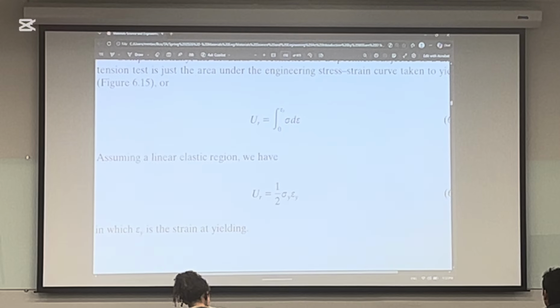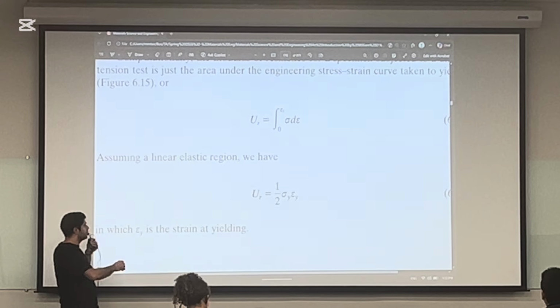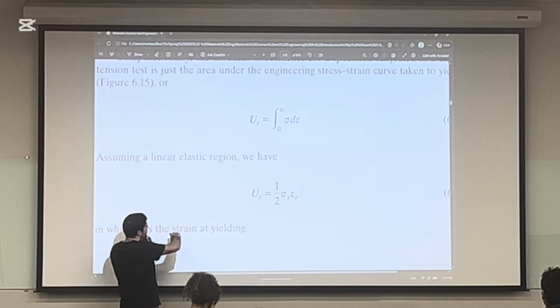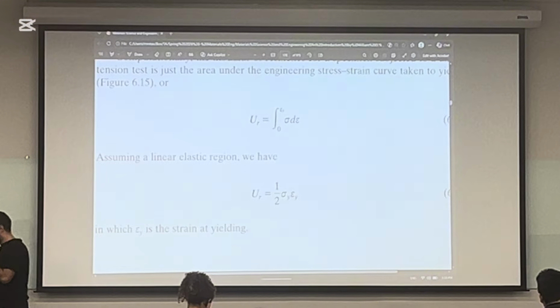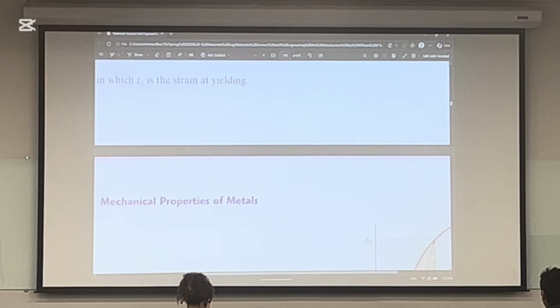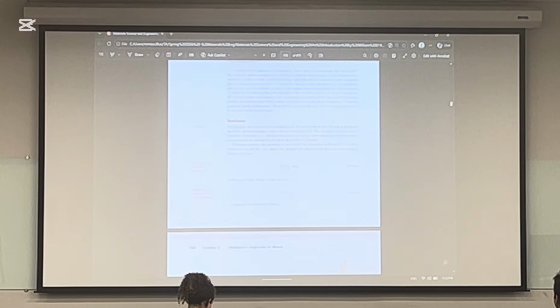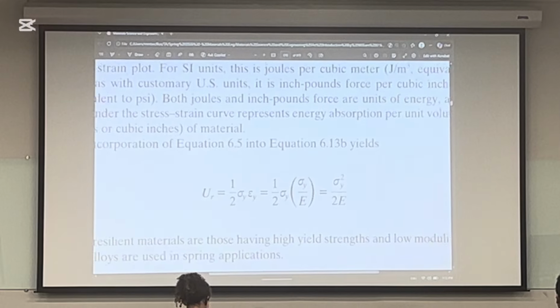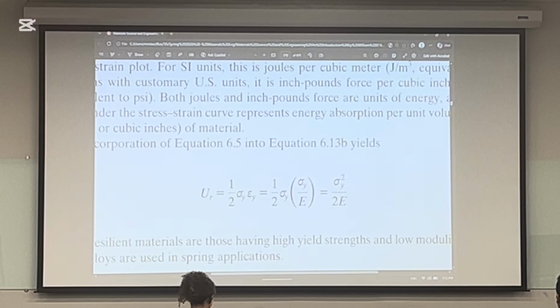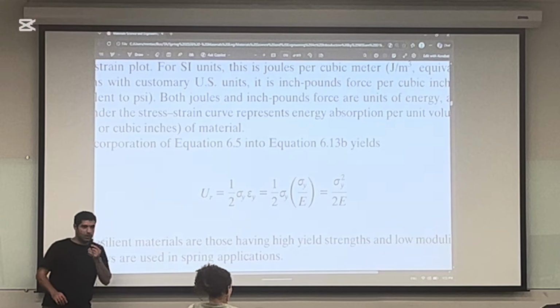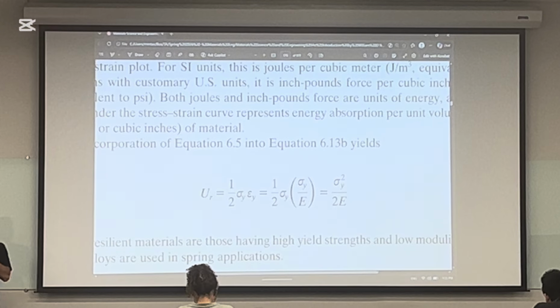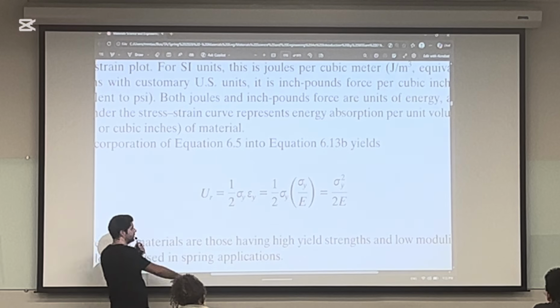But assuming we have a linear elastic region, it's going to be like the area of a triangle, because it's linear. So you can replace both of these.